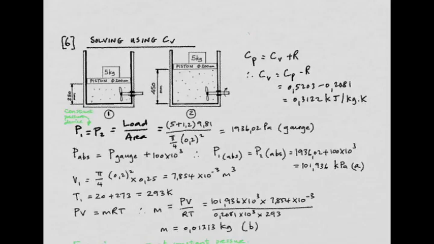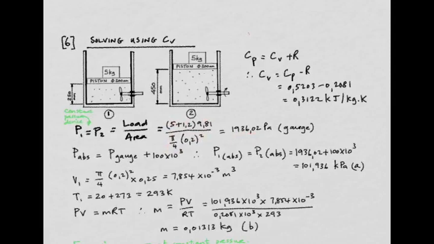Right, to start off with, let's find the pressure in the argon, and remember that pressure is load over area. The load being carried on top of the argon is the weight of the piston, or the mass of the piston and the mass on top of it, multiplied by 9.81 to get to weight, divided by the area of the piston, and we find 1936.02 pascals.